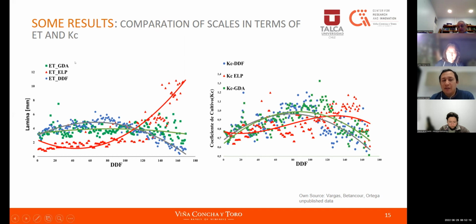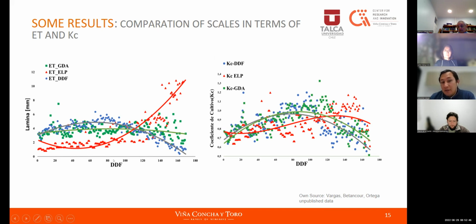What I'm going to show you is the way we are modeling the final KC. We're using 3 different ways to measure it. The first one is based on time, which is DAF, days after flowering. Then GDD, growing degree days, and also ELP, which is a phenological stage based on Eichhorn-Lorenz.